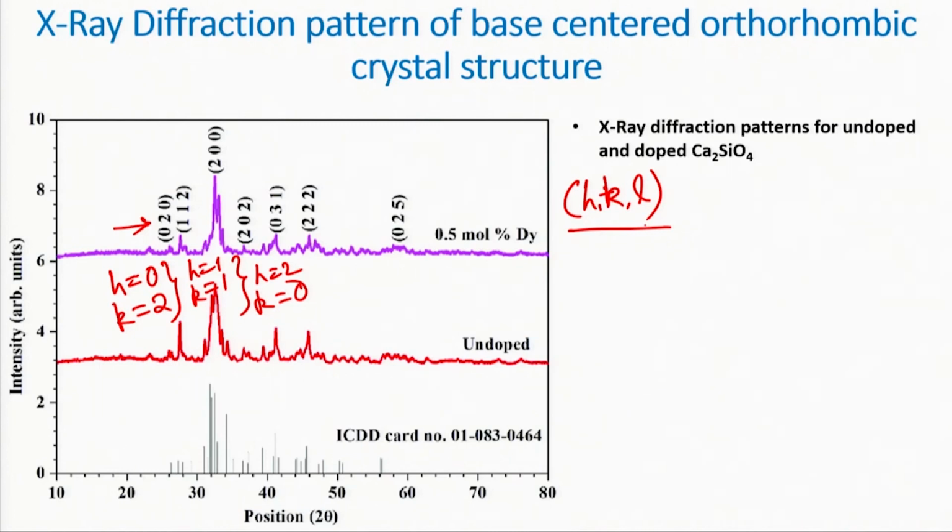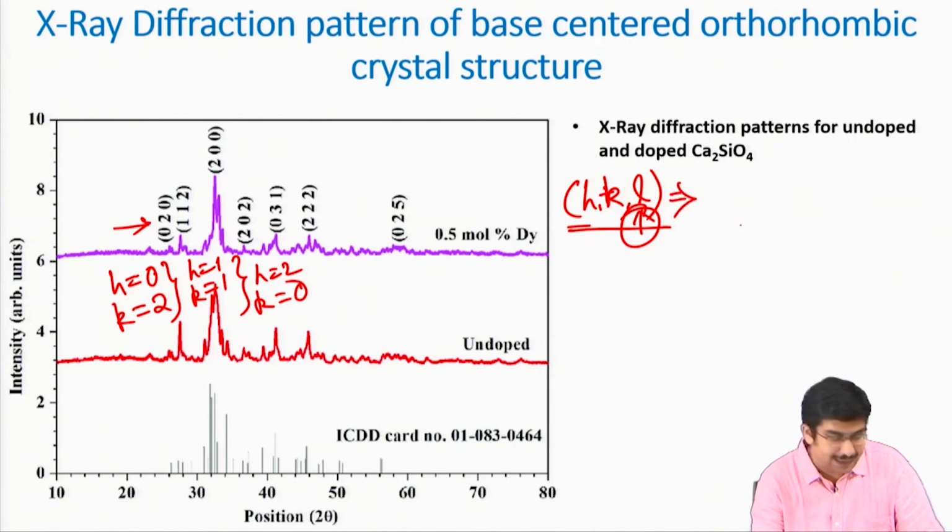The value of L is not at all important in calculating the base centered condition, so we can have reflections from any combination of H and K and we do not need to bother about L at all.